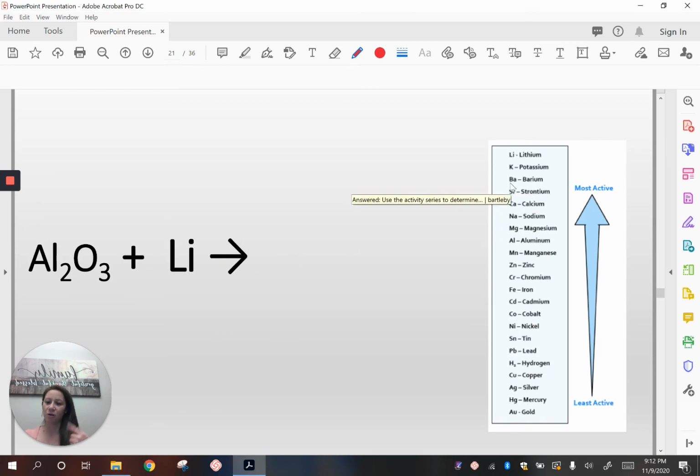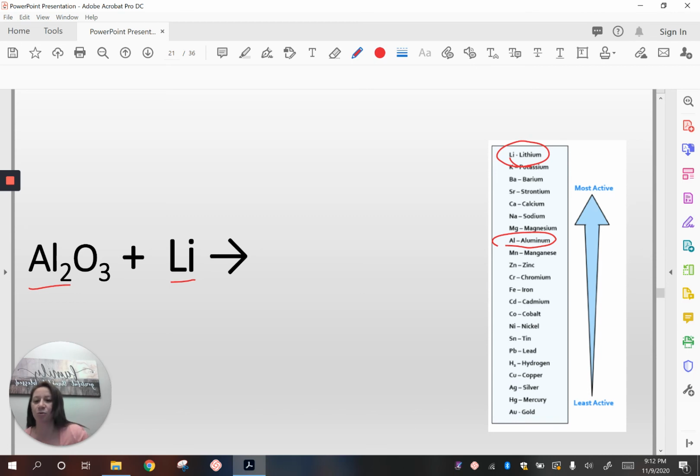Okay, you try this one. Pause the video, and then when you're ready, play it again and see if you got the answer right. So you're going to look at the element by itself. It's lithium, it's a metal. So you compare it with the aluminum. You check aluminum and lithium. Lithium is up here. Aluminum is here. So which one's more reactive? Lithium is. Is it in a compound?